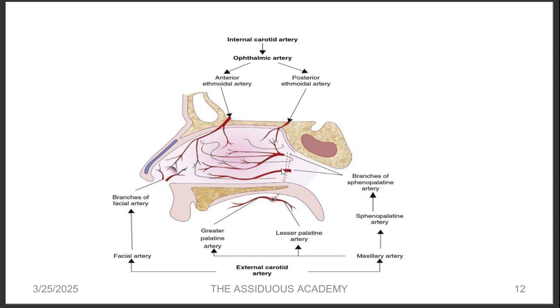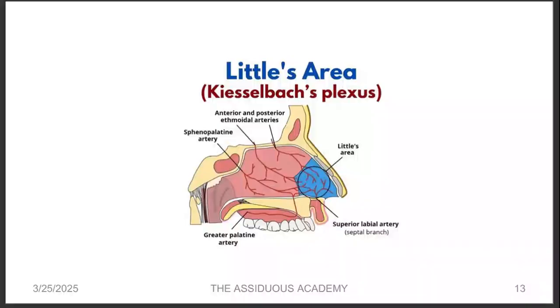The same maxillary artery will also give you the lesser palatine artery and the greater palatine artery. So how many arteries can you see here? You have got a branch of the facial artery 1, greater palatine artery 2, lesser palatine artery 3, a branch of the sphenopalatine 4. You have got the posterior ethmoid and the anterior ethmoid 5 and 6. So you have got these 6 arteries, okay, coming here.